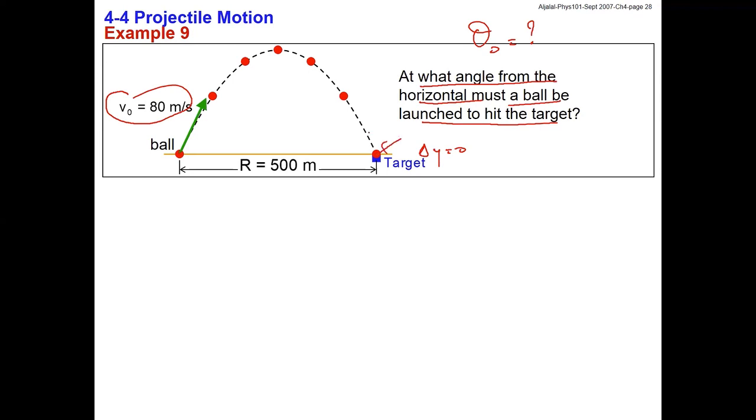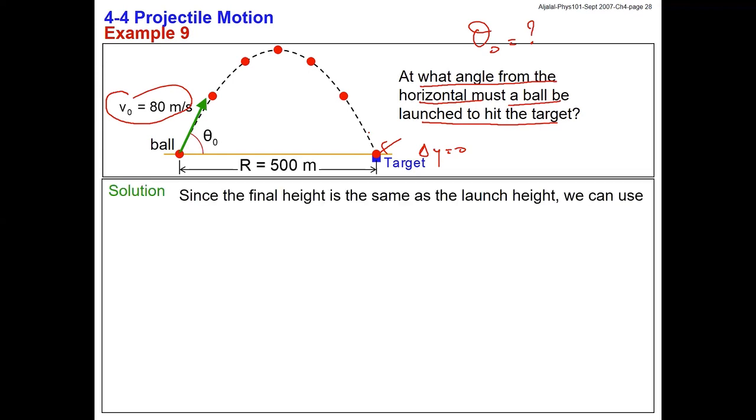Well, you know the formula for range. Now you can go directly for the formula. If you don't remember the formula, or you don't have your formula sheet, you can get it. But you know that here, final height is the same as initial height of the projectile. You use the range formula. Range capital R is V naught squared divided by g sine 2 theta.